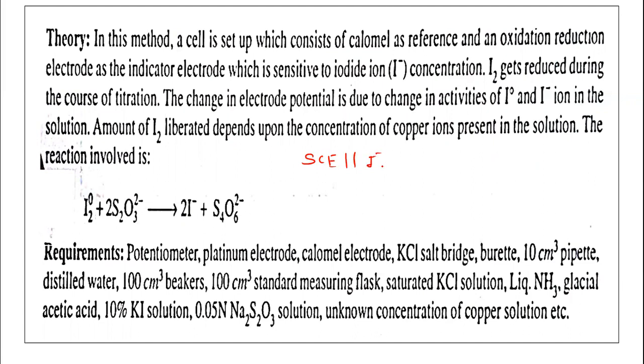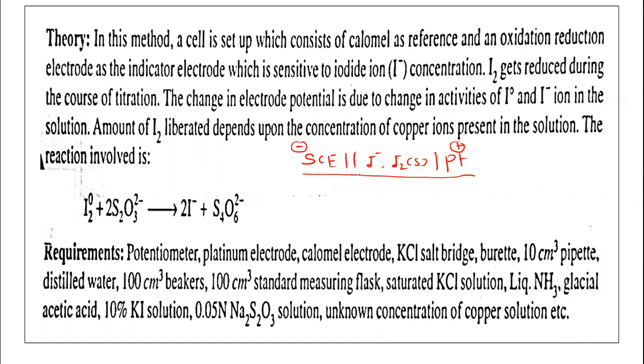The cell can be set up in this way, as you can see. This is the construction of the cell. The calomel electrode should be represented on the left-hand side, having negative polarity, and the iodine electrode has positive polarity.